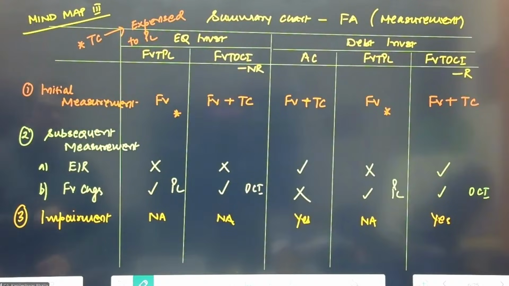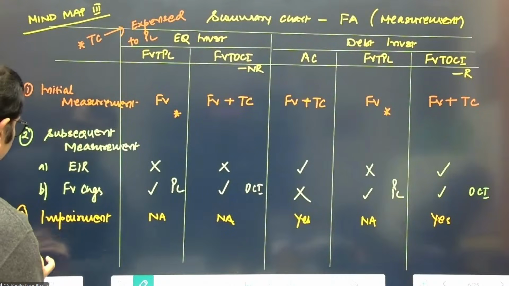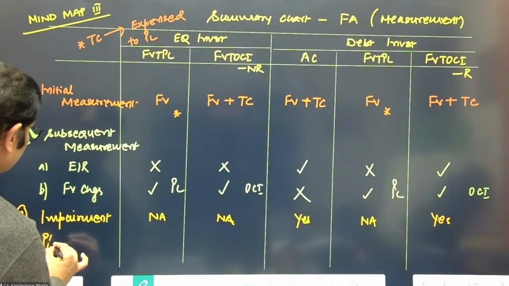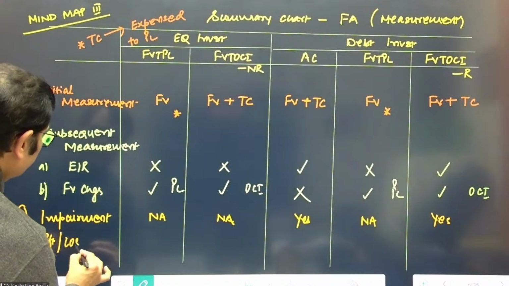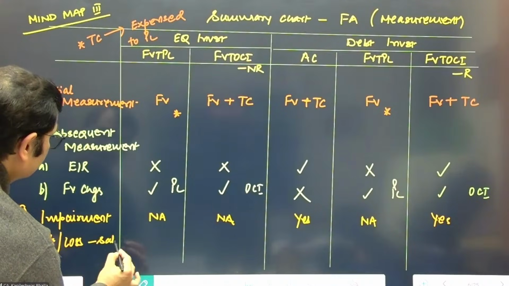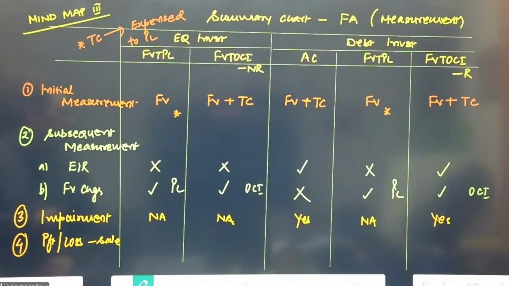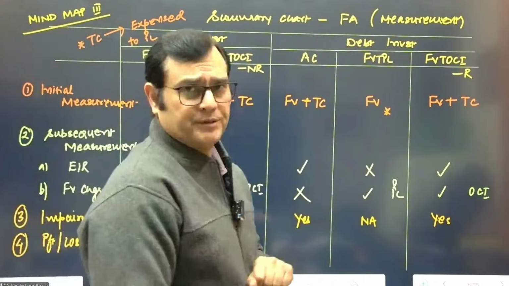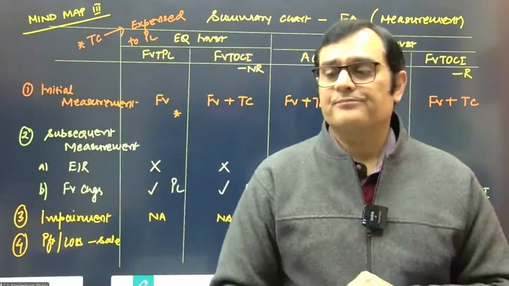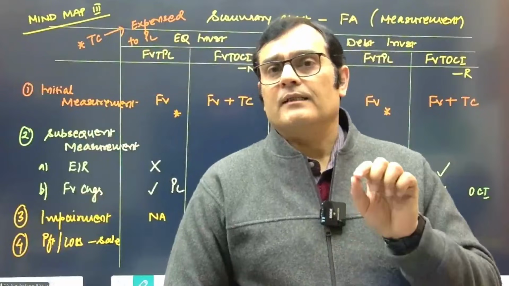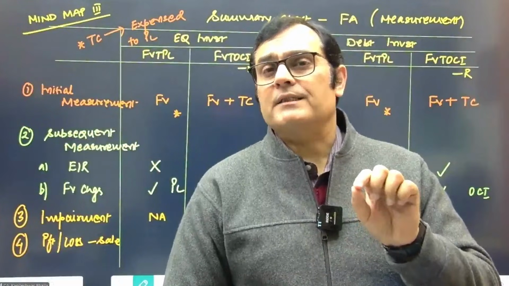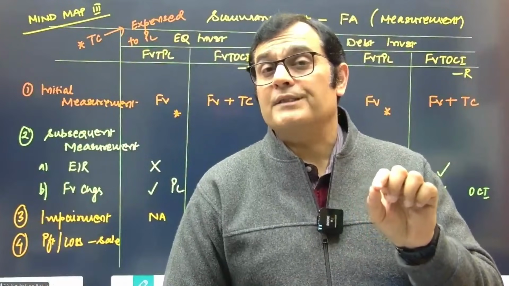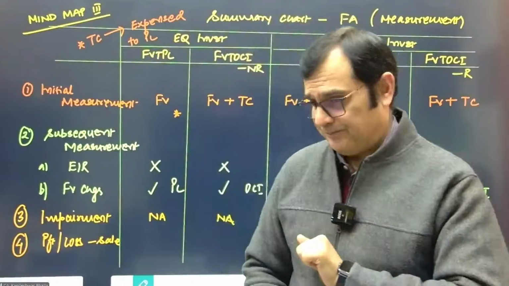Let's also consider the number 4. What happens if there is a sale of investment and there is a profit or loss on sale of these investments? Can we say P&L for all, or are there any exceptions? The profit or loss on sale, can I say P&L for all, or are there any exceptions?